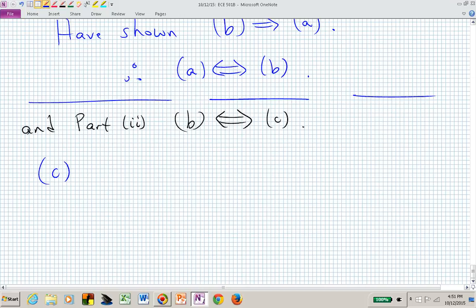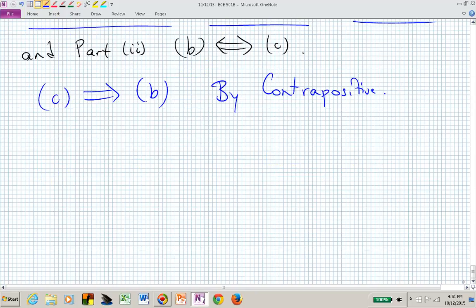Suppose that C implies B is the direction we want to pursue first, and we'll show that by a contrapositive proof. Which means, what are we going to do now? What do we assume, and what are we trying to show in a contrapositive proof?